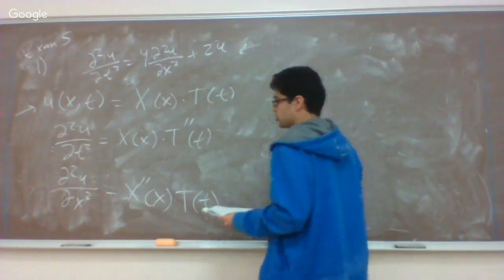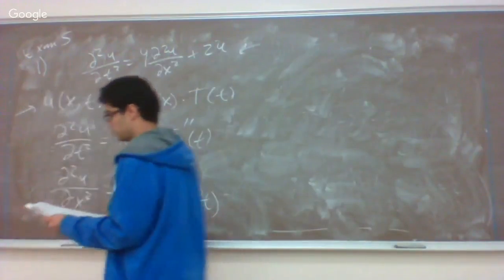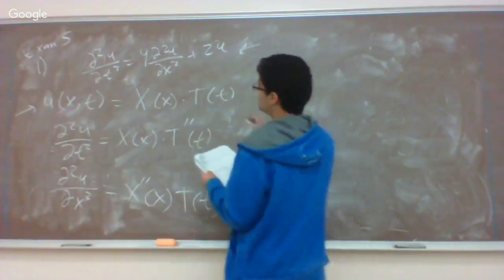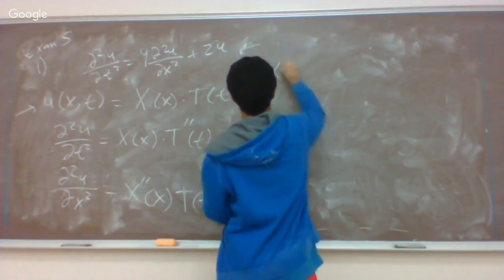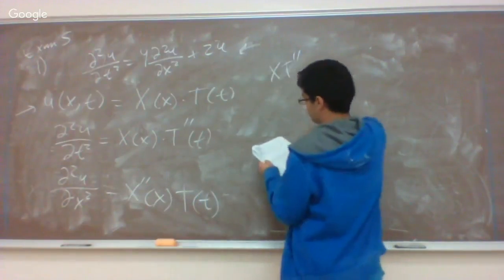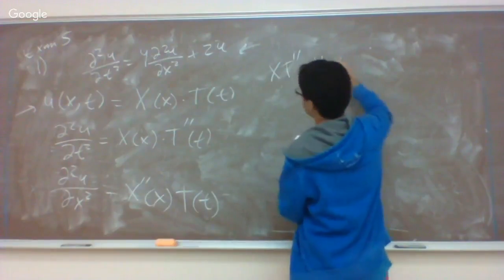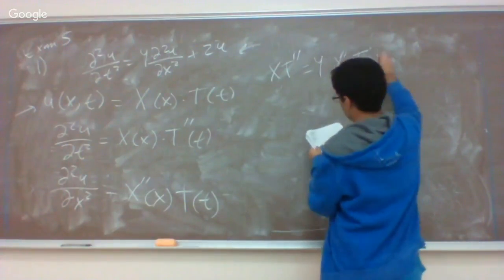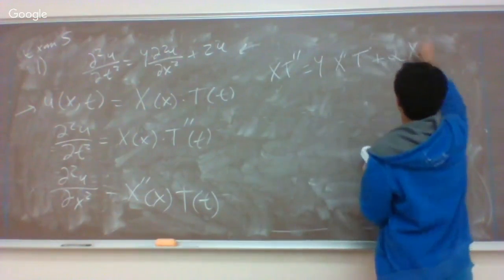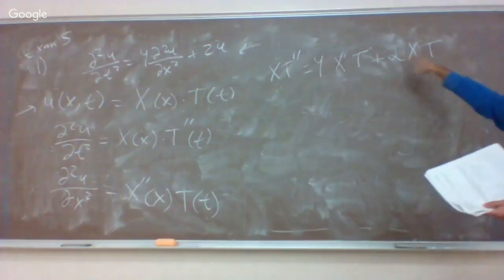I plug into the equation. So then we get X T double prime equal to 4 times X double prime times T plus 2 times X T.